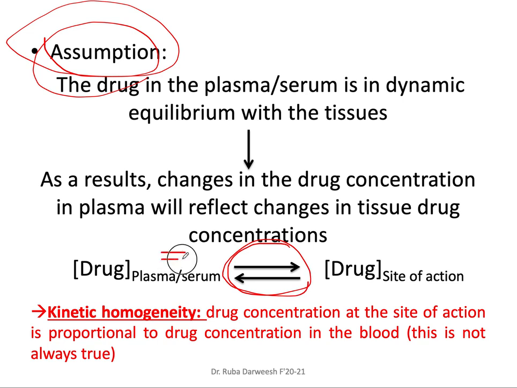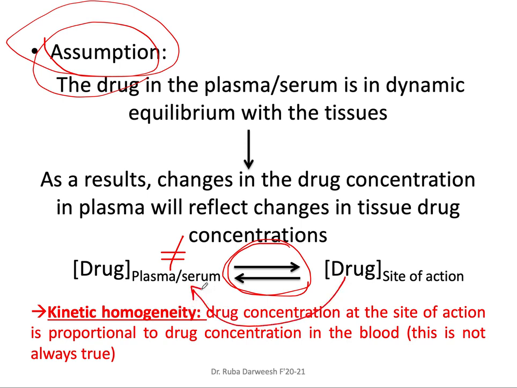It's not equal, it's under equilibrium, which means that the concentration of the drug measured in the biological fluid is reflecting whatever is happening here. Or we can consider, or know, or assume whatever is happening at the site of action by knowing whatever is happening here in the biological fluid.